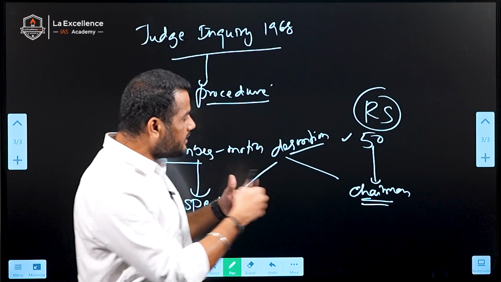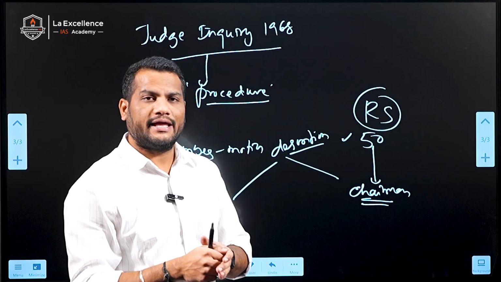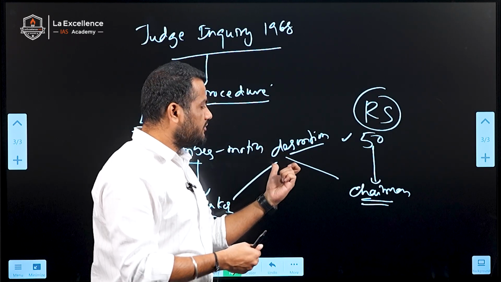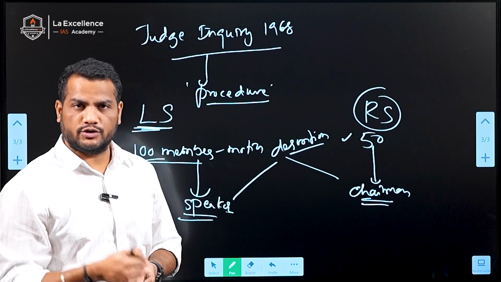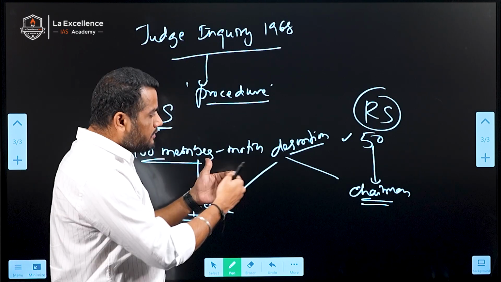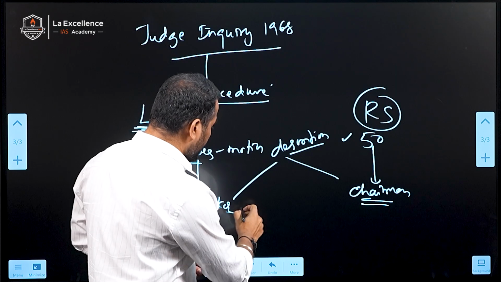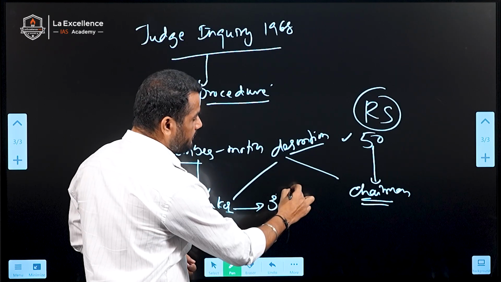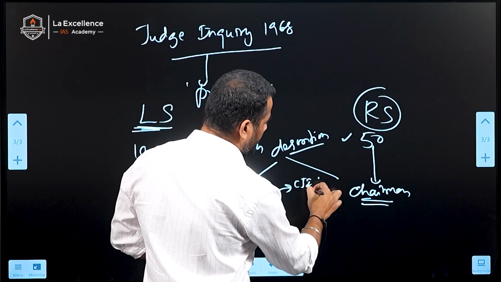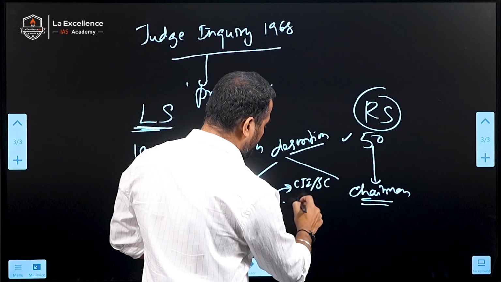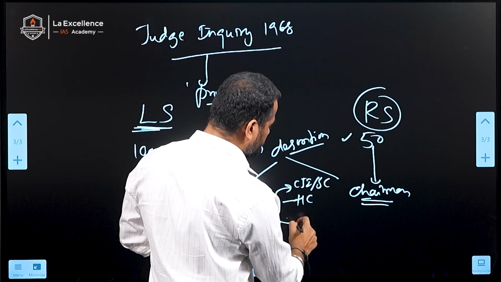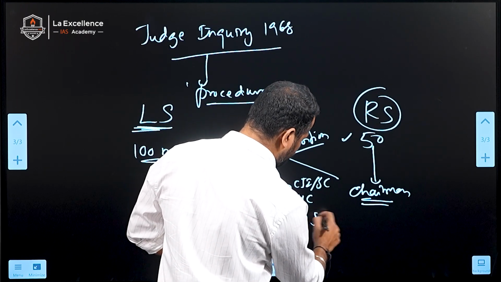Means there is no further discussion or any further procedure with respect to removal of the High Court judge or Supreme Court judge. If the Speaker or Chairman admits the motion, then they will form a 3-member committee consisting of the CJI or a Supreme Court judge, a Chief Justice of a High Court, as well as a distinguished jurist.